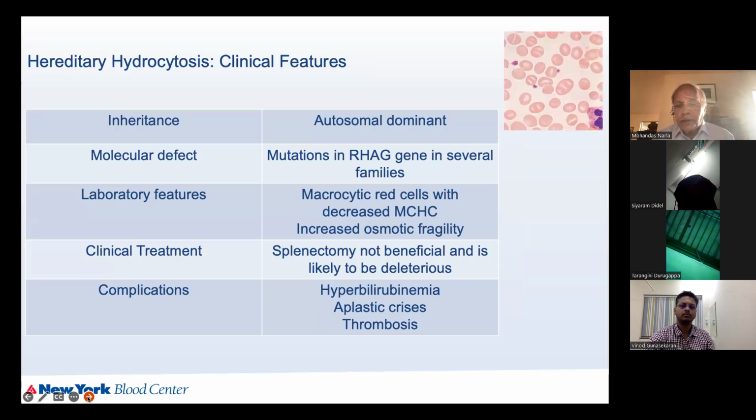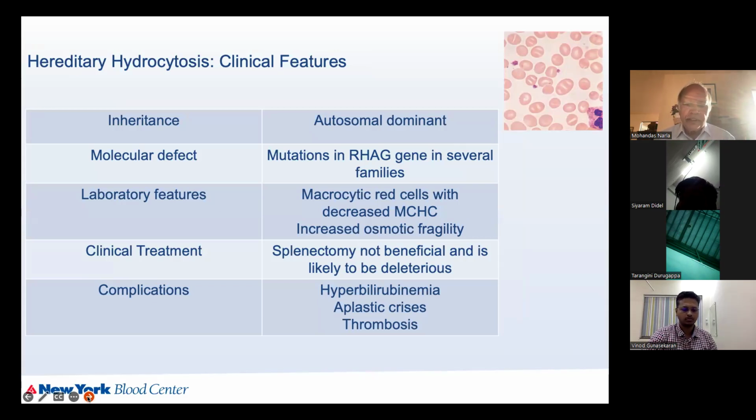In contrast to loss of cell water and dehydration, the second condition is hereditary hydrocytosis, where cells actually pick up water and swell. The molecular defect in a number of cases is due to mutations in RHAG, which is the protein responsible for this. And Rh is really important because, as you know, the Rh blood group system is really important for transfusion.